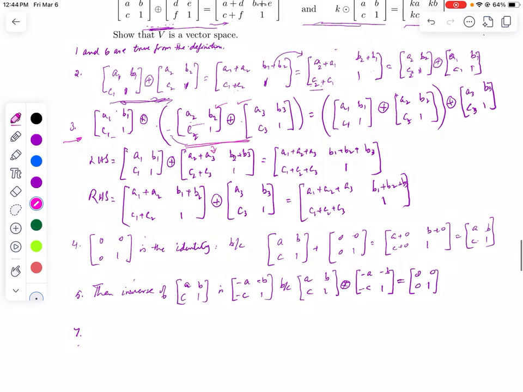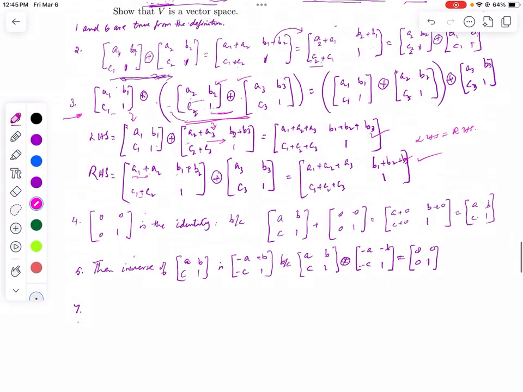The left hand side will be a1, b1, c1, 1, and these two get added, which we show here, and then we add the first to this result. For the right hand side, first we add the first two, so a1 plus a2, b1 plus b2, c1 plus c2, 1, plus a3, b3, c3, 1, which will give us this. So now you see left hand side equals right hand side. So yes, this is satisfied.